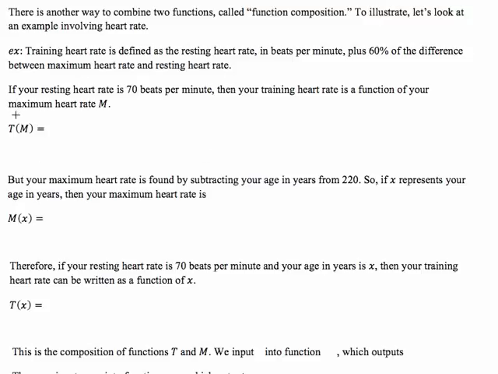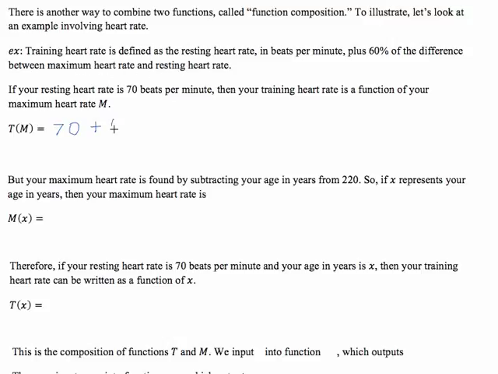Because your training heart rate is a function of maximum heart rate, I'm writing T of M. So T depends on the variable M. Your training heart rate is your resting heart rate plus 60% of the difference. Your resting heart rate is 70, so it's 70 plus 60% of the difference between the maximum heart rate and the resting heart rate.